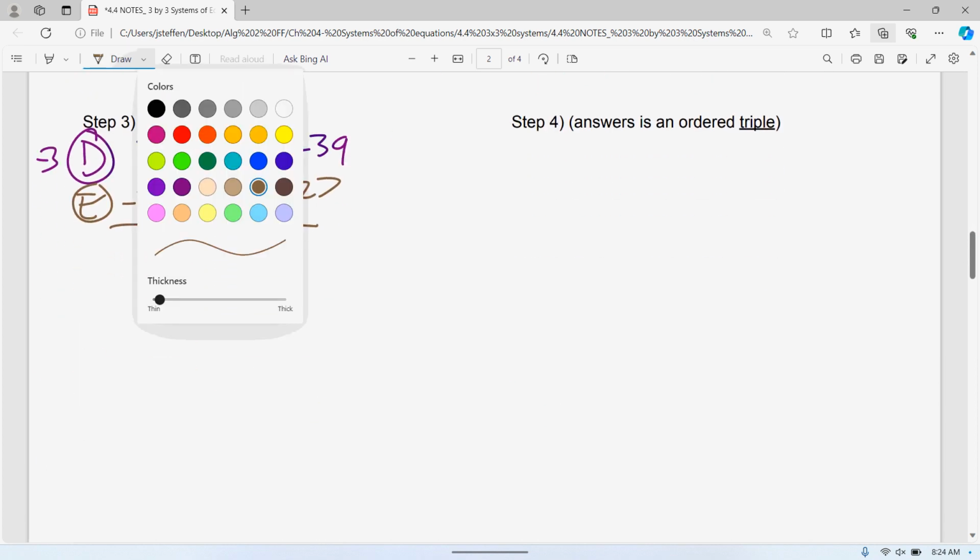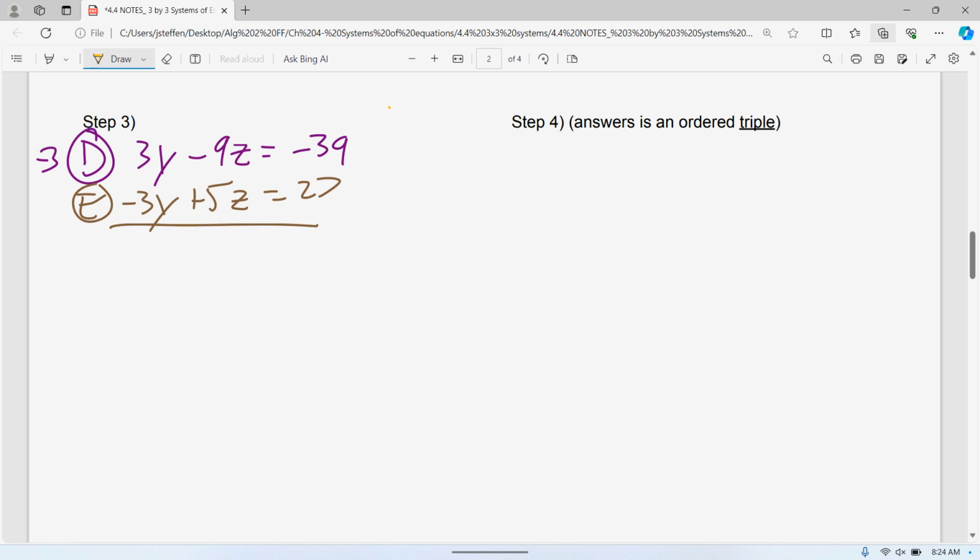We've done this before. Now we can go ahead and start canceling things. So let's cancel. Plus 5. Negative 39 plus 27 is negative 12. Divide that by 4. You get z is equal to negative 3.